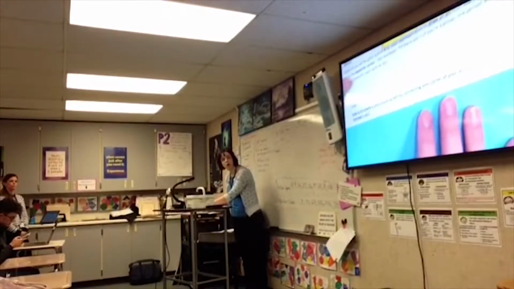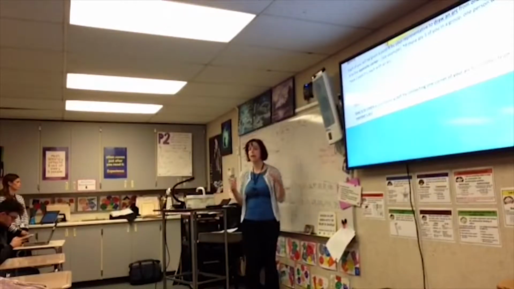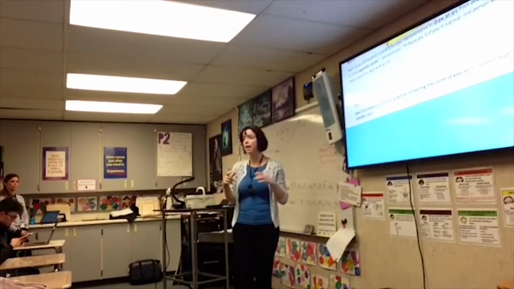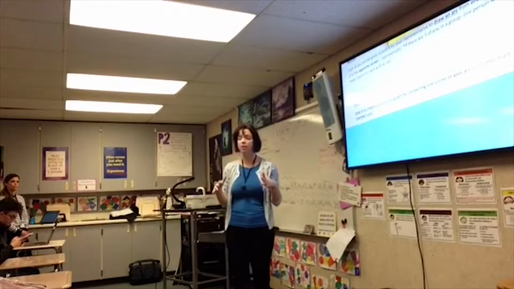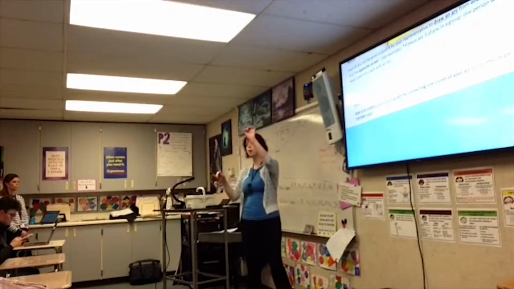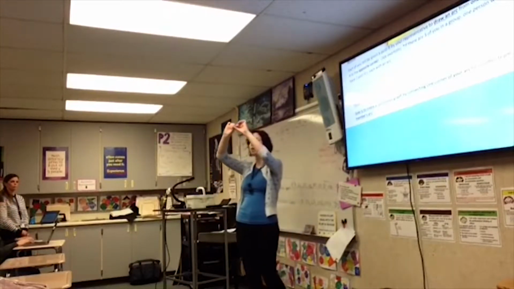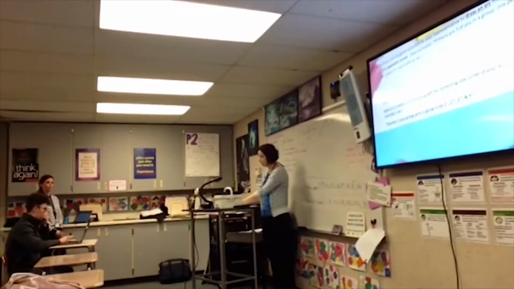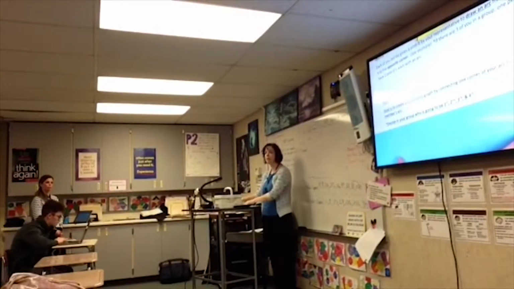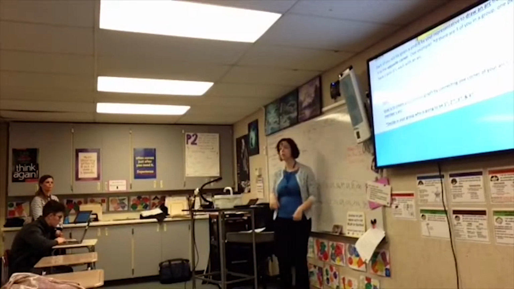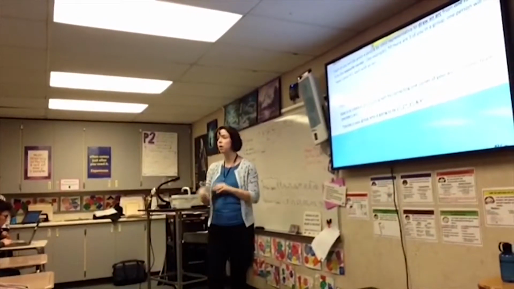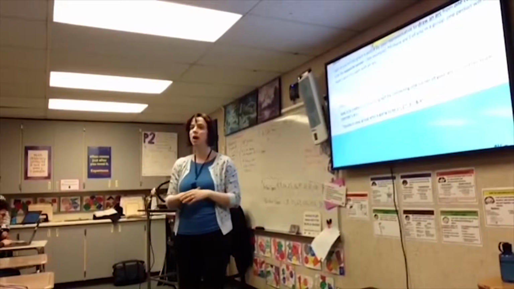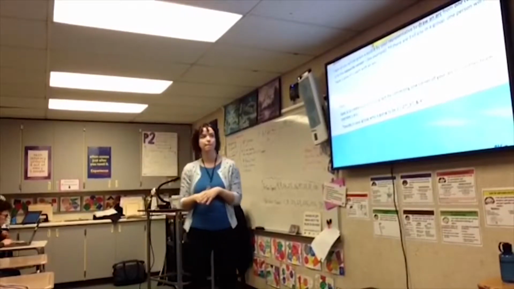Okay, our goal is we are going to connect these arcs to make a continuous graph. So one corner will connect to the other corner. Now I need you in your group to decide who's going to be person 1, person 2, person 3, and person 4.